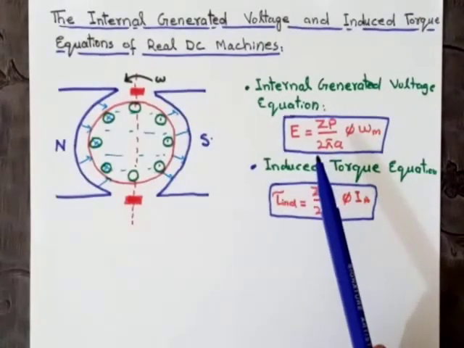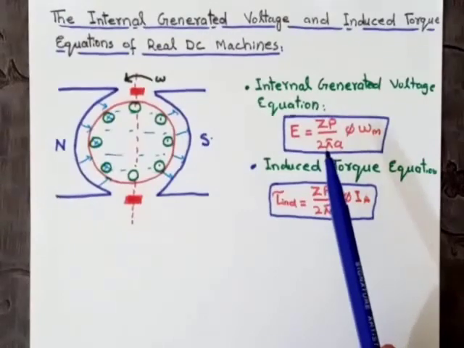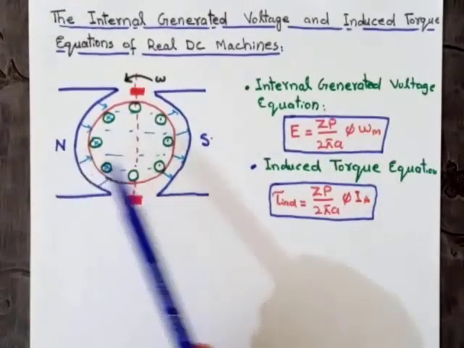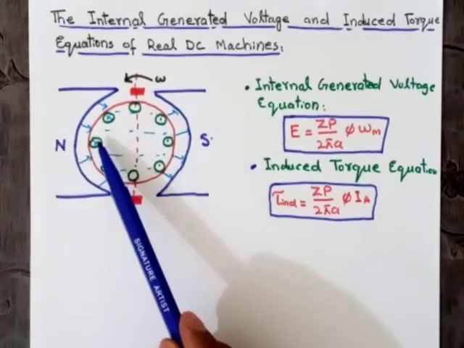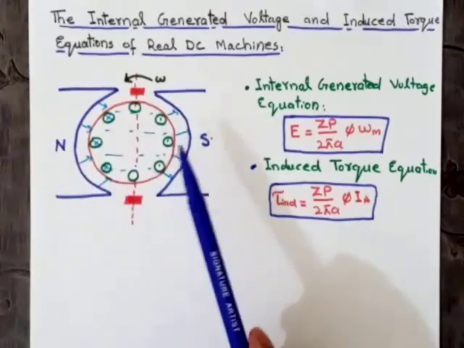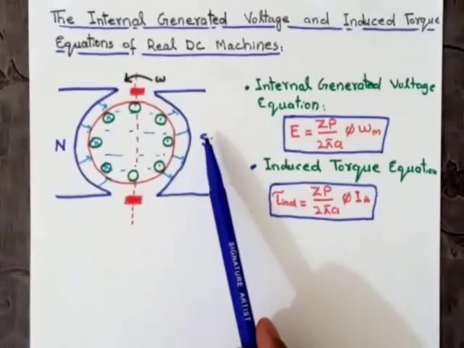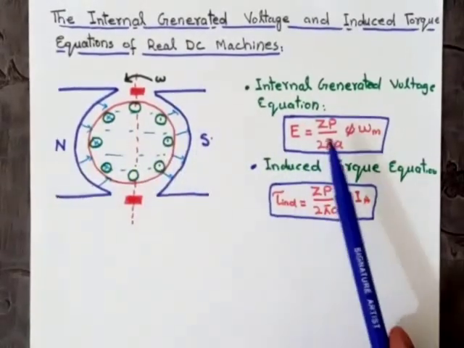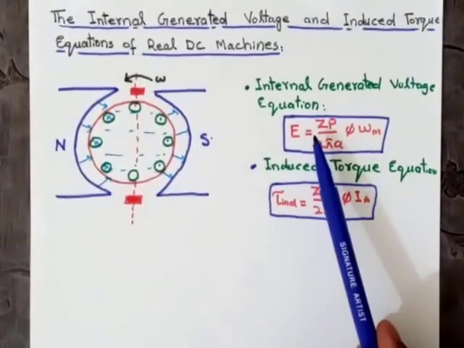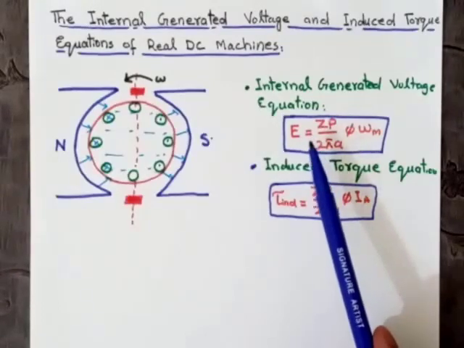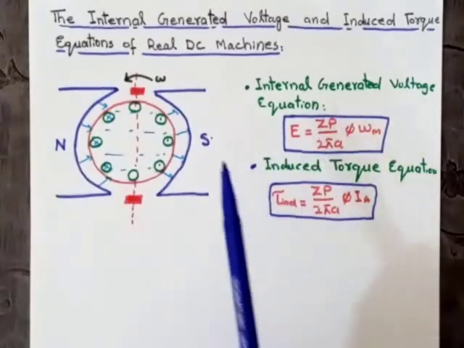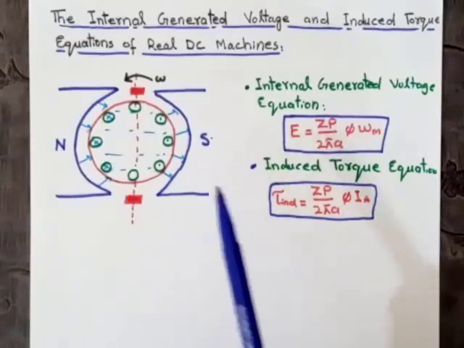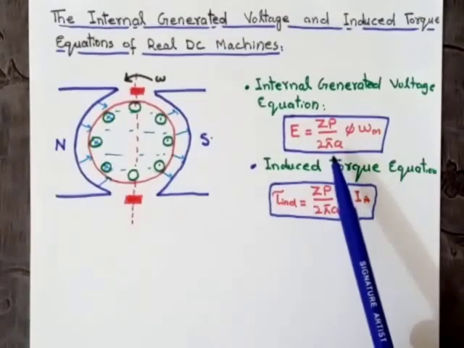Here the 3 conductors are under the north pole and 3 conductors are under the south pole. Instead of the total number of conductors, we can use the number of conductors under the pole faces to achieve greater accuracy.